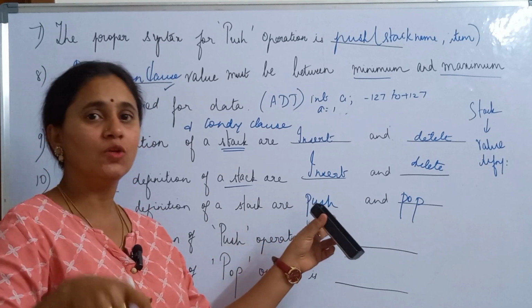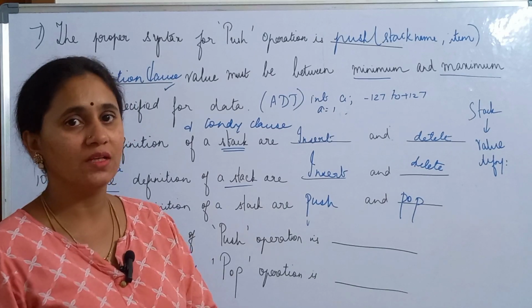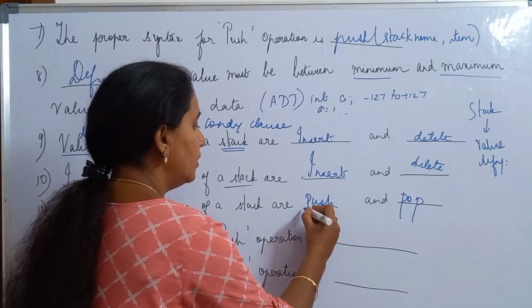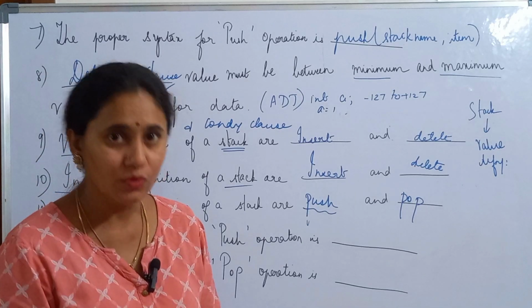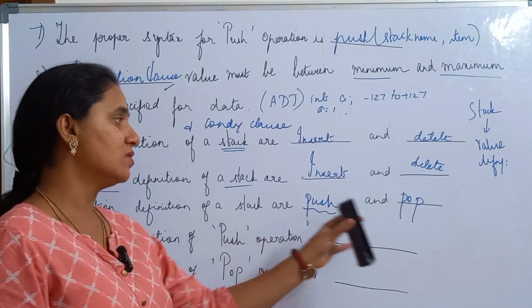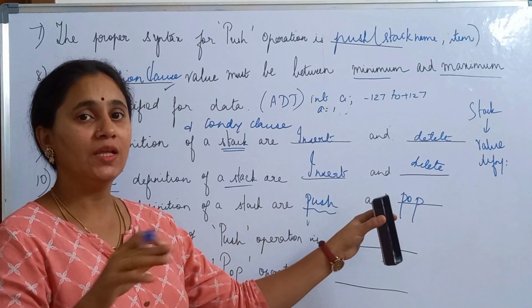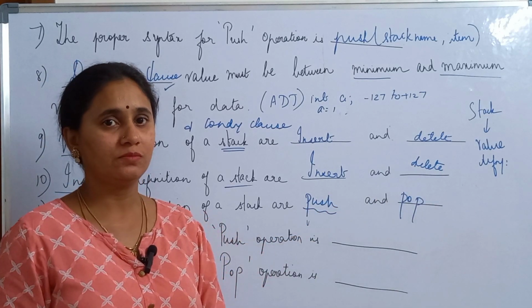What operation are we doing? We are pushing the data and popping the data. Meaning, the actual function of what I have to do is implemented in the operation definition, isn't it? So that is different. What is the function name that we are using? The function names are push and pop.